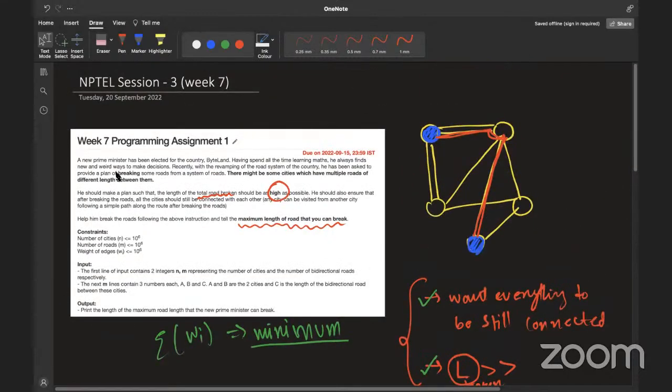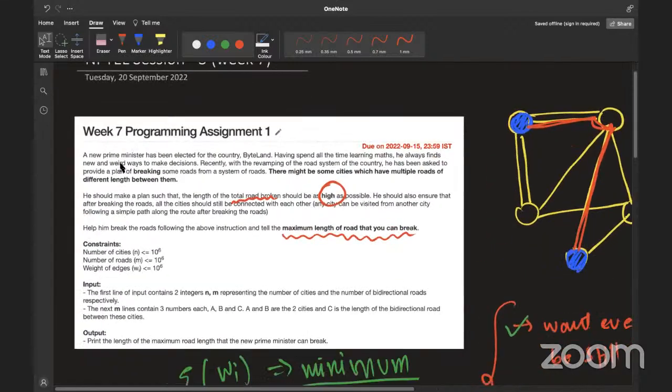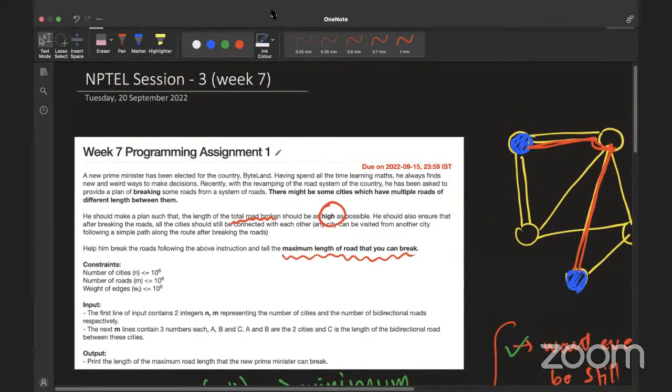I'll move the screen back to the problem if you want to read it again. And in about a minute, we can start discussing the solution.